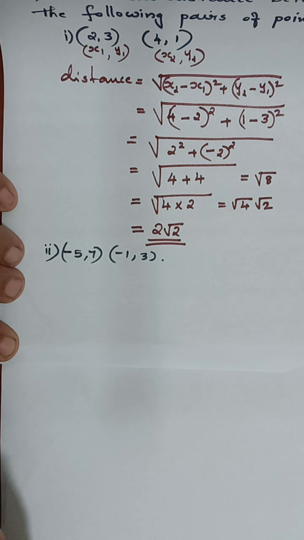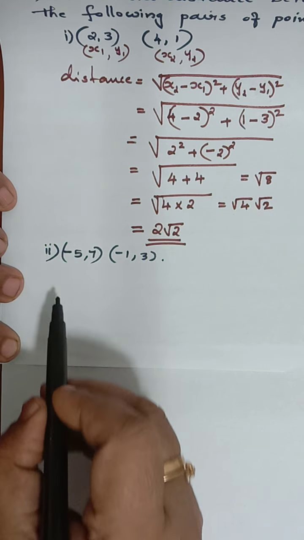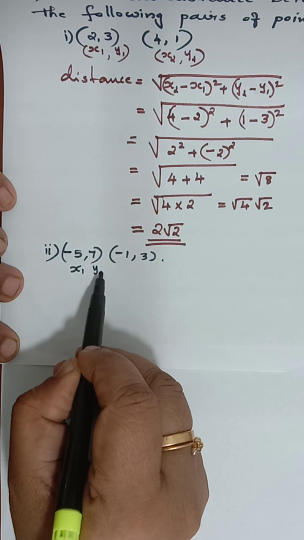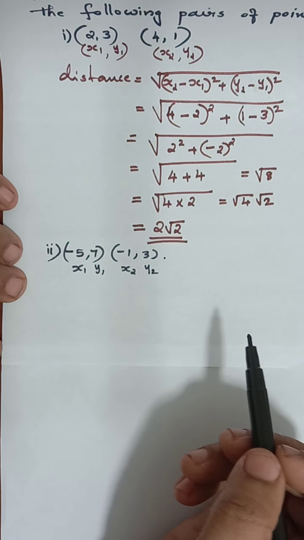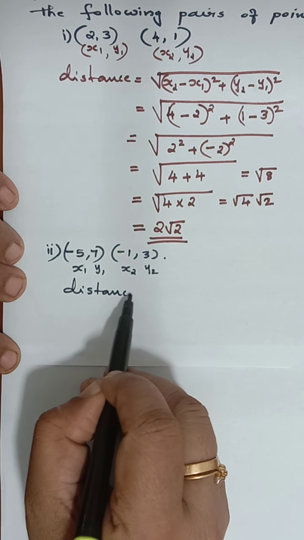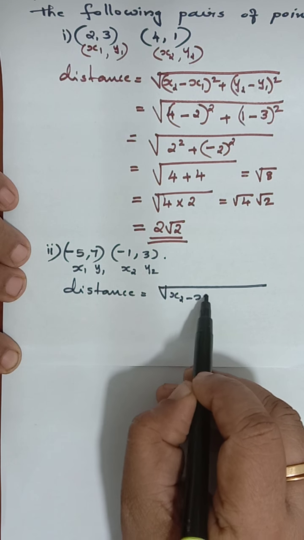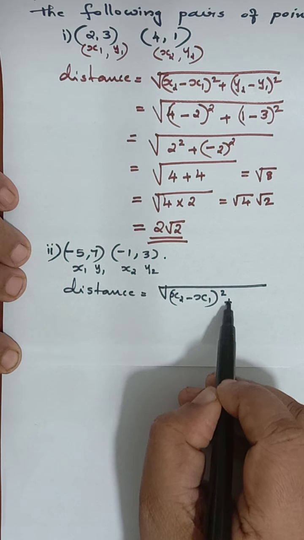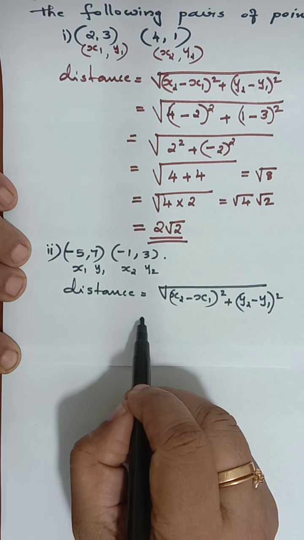Here we have the second question. Negative 5, 7, negative 1, 3. First one is x1, y1. Second one x2, y2. Okay, using the formula and substituting, distance is equal to square root of x2 minus x1 whole square plus y2 minus y1 whole square.